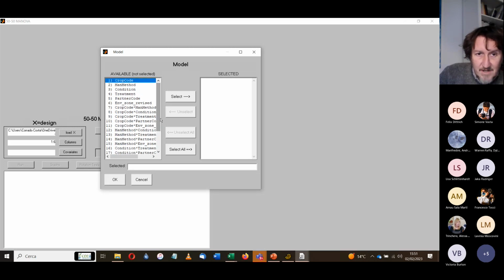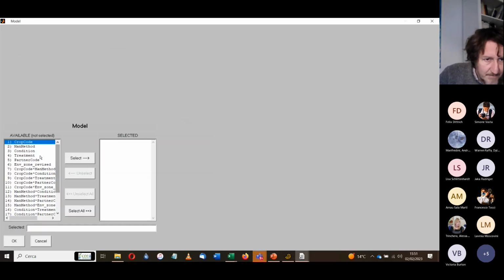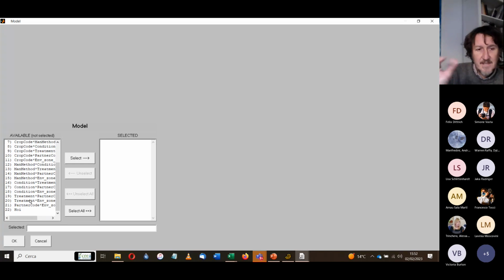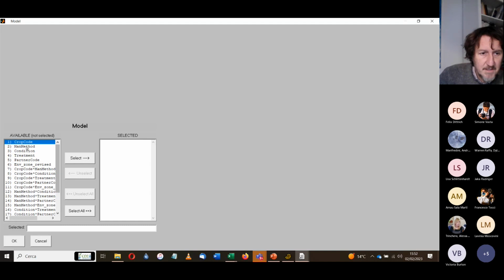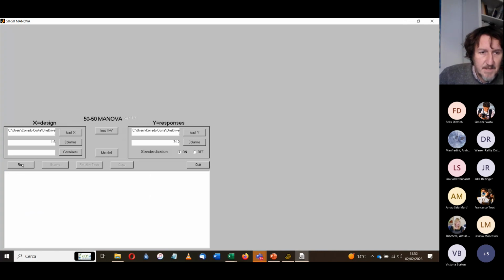It is very complex because we have the single factors, the first 6, then the couples of factors, and then the effects at 3, at 4, at 5, and "all" means all interactions. We can select all or decide just to observe the single factors without any interaction. Let's try. Okay, only the factors. And then simply run.